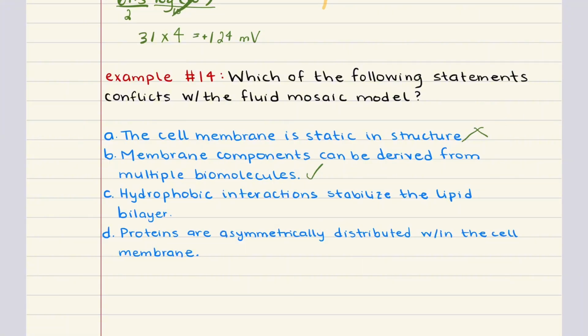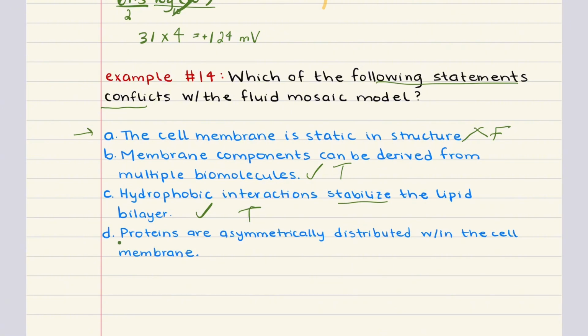So far, statement A is false, statement B is true. Remember, we're trying to figure out a statement that conflicts with the fluid mosaic model. We already kind of have an answer, but we're still going to go through C and D. C says hydrophobic interactions stabilize the lipid bilayer. This is also true. The nonpolar tails of the phospholipids interact with each other to avoid water, and those hydrophobic interactions are what keep the bilayer intact.